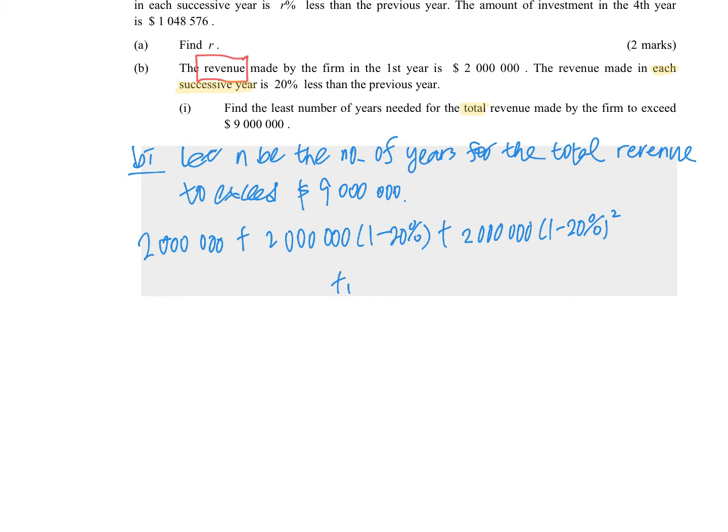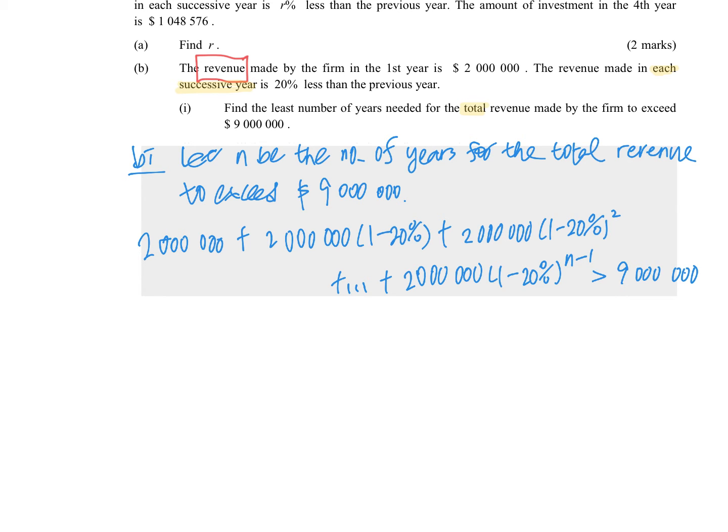And then we have many years, and for the nth year, it would be 1 minus 20% to the power of n minus 1. And then the total needs to exceed 9 million.